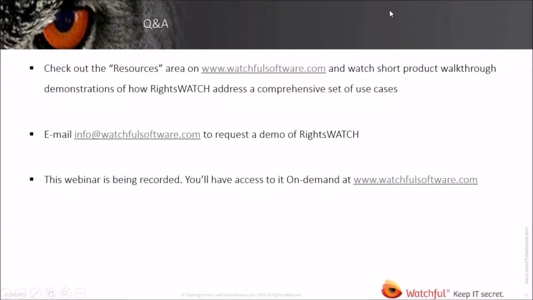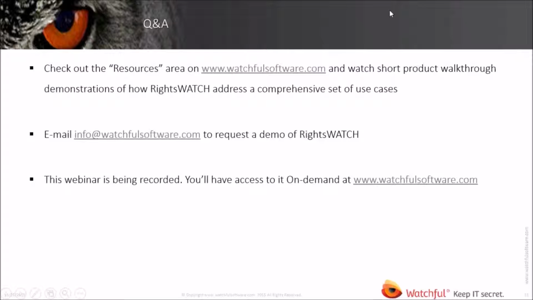Now, what RightsWatch can also do is prevent the email from being sent, because RightsWatch recognizes that the email address that Paul typed is wrong. RightsWatch recognizes that corporate policy is not being followed, because corporate policy states that that Excel spreadsheet should only be sent and shared with a certain person at the headquarters of this bank.